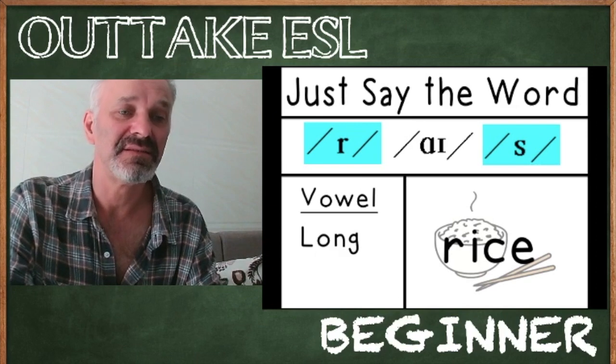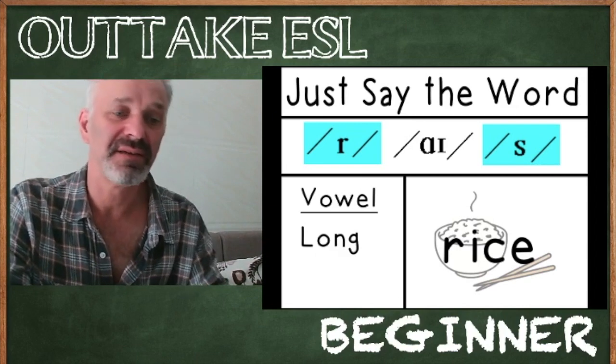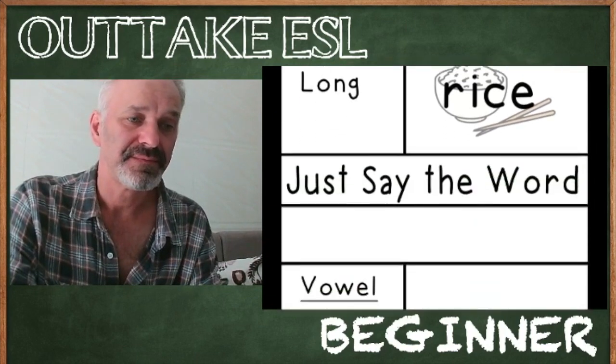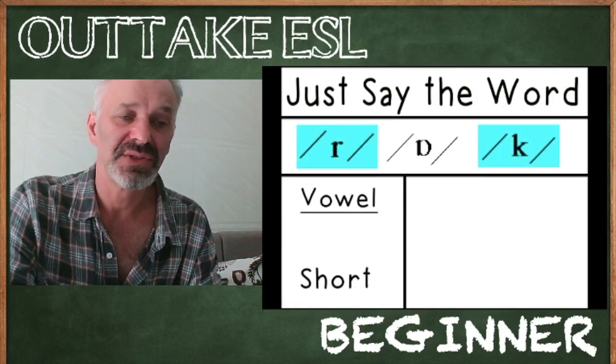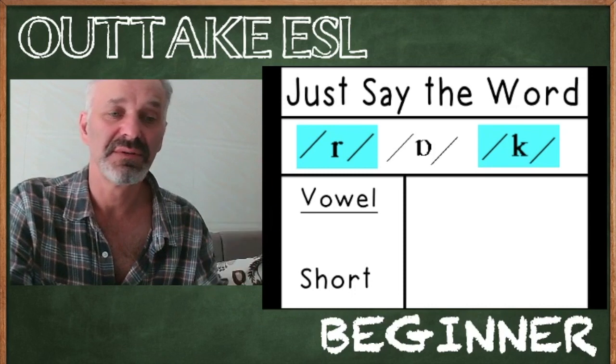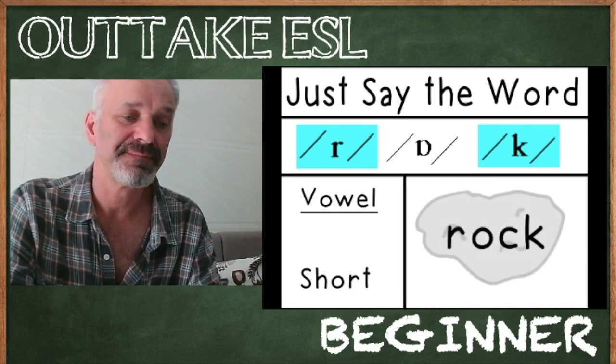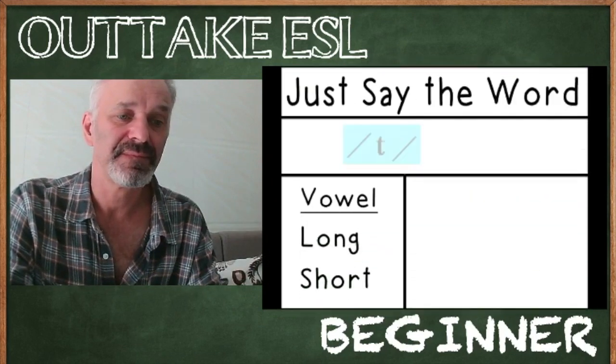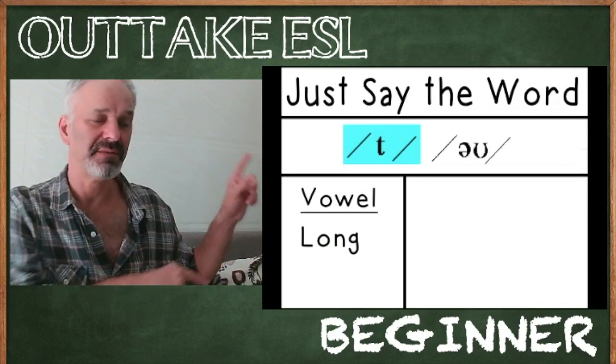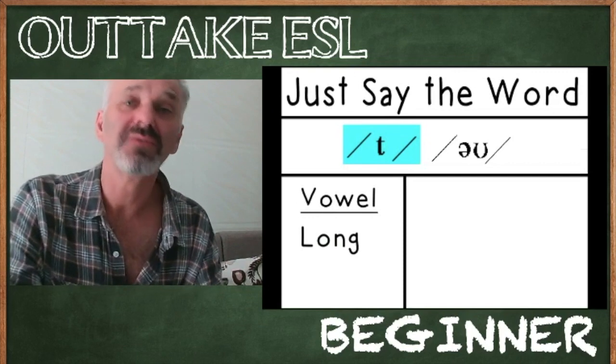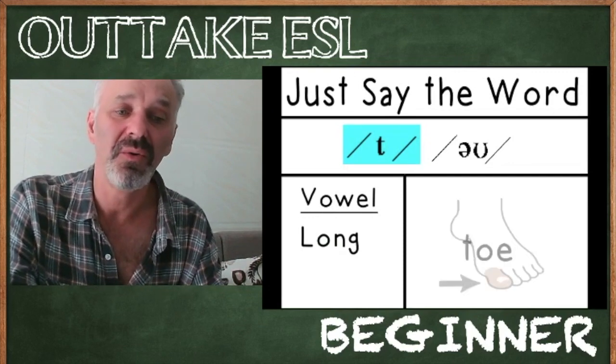Rise. Short O, so oh. What's the word? Rock. All right, so there's that long, go to the board. What's that over here? Oh, toe.